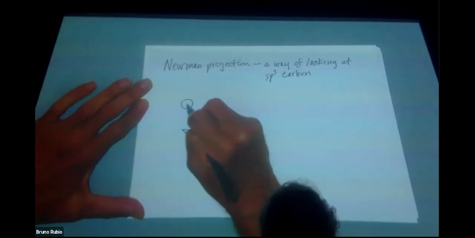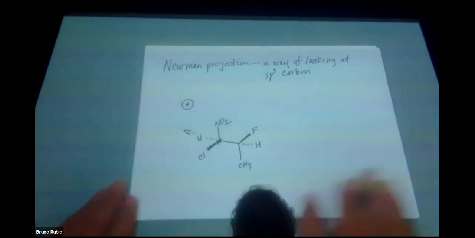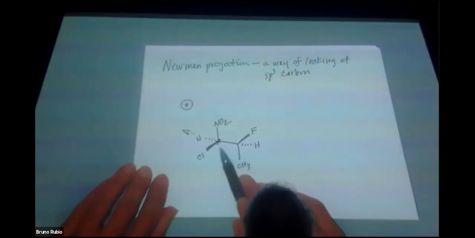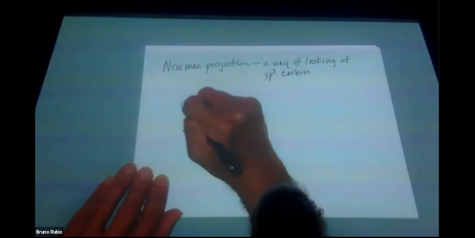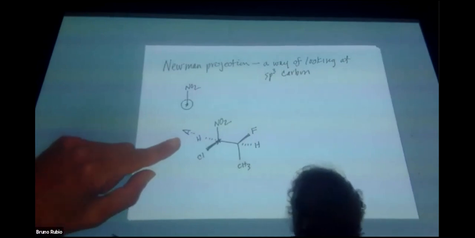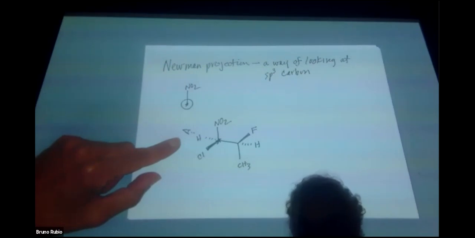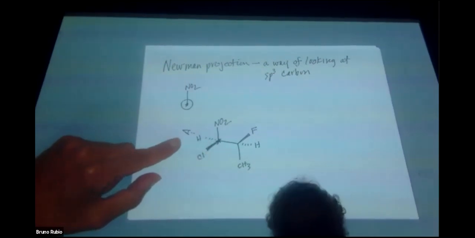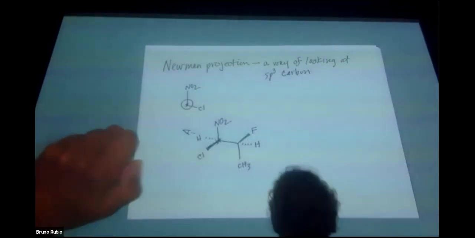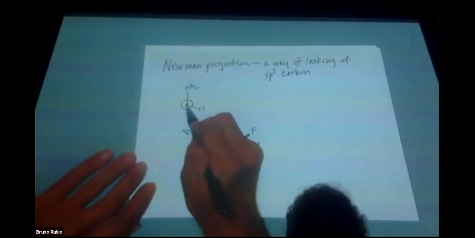I'll put a little star there. I can see what is bonded to that carbon in the front. I see a nitro group sticking straight up in the air. On my right, pointing to 4 o'clock, I see the Cl. And on my left, pointing to 8 o'clock, I see the hydrogen.